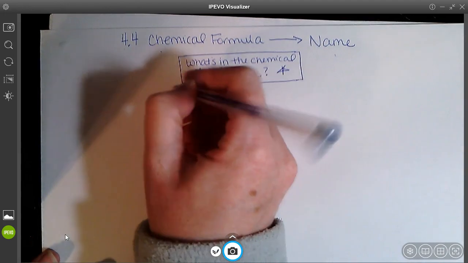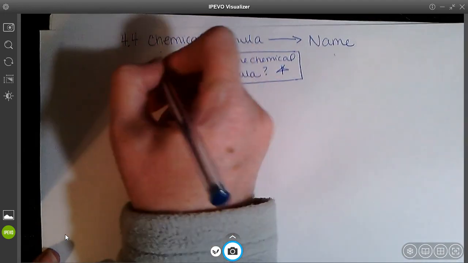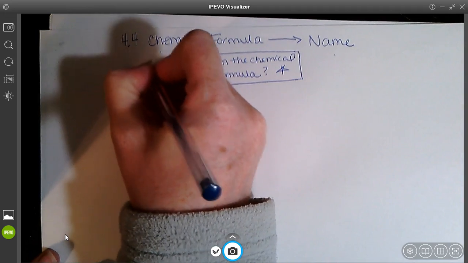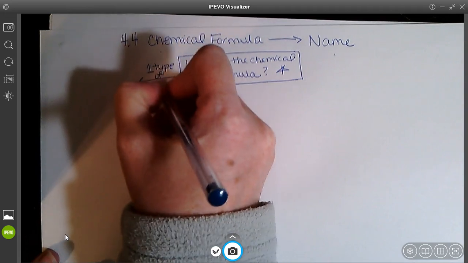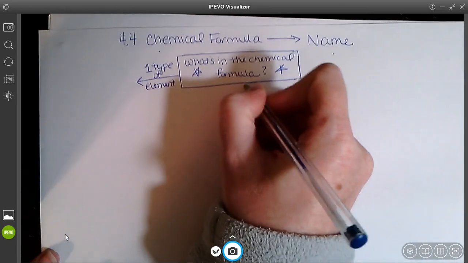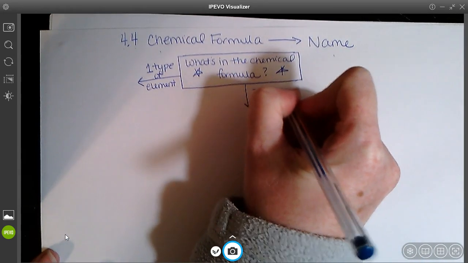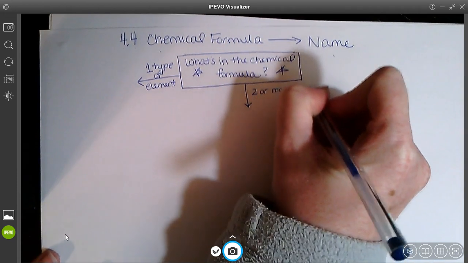So there could be either one type of element, or there could be two or more types of elements.